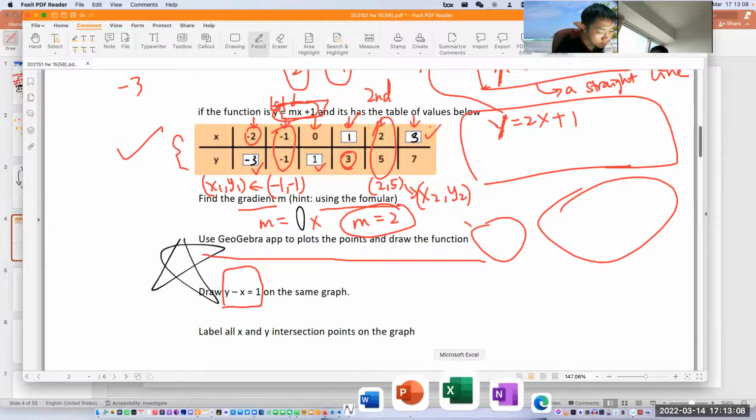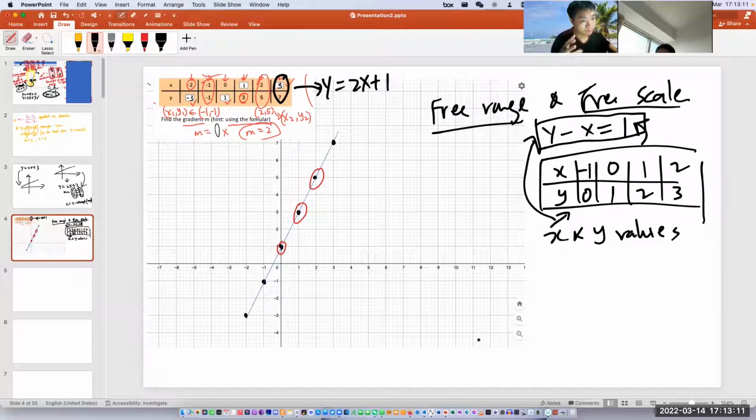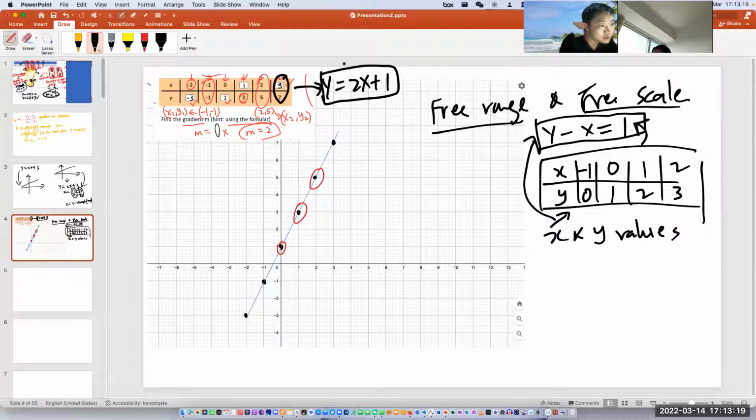Okay, so don't confuse the two. This table can be explained by this function. Okay, this table here can be explained by the y minus x equal to 1 function.